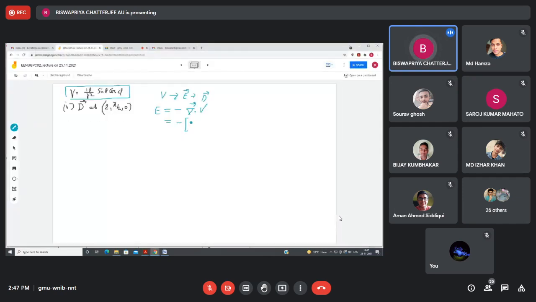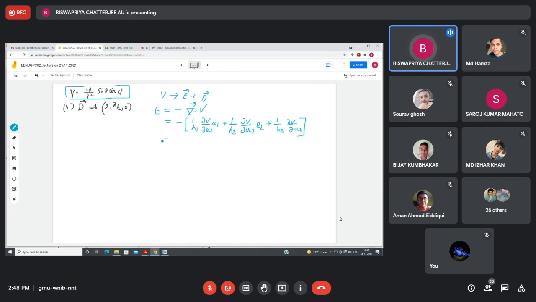It will be minus of a square bracket: 1 by H1 del V del U1 E1 plus 1 by H2 del V del U2 E2 plus 1 by H3 del V del U3 E3. So this is the general formula.